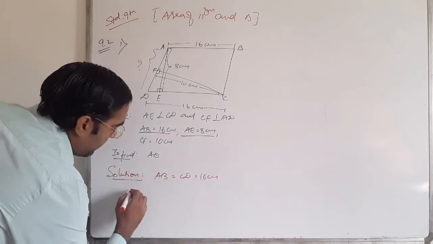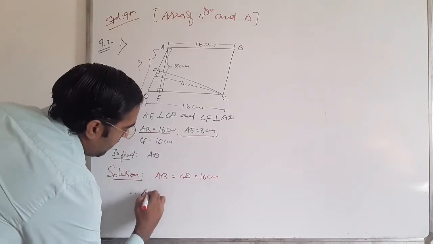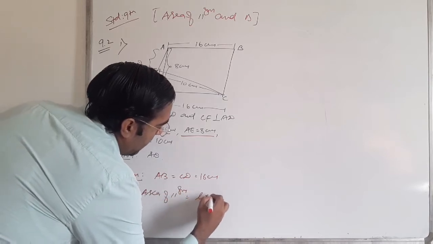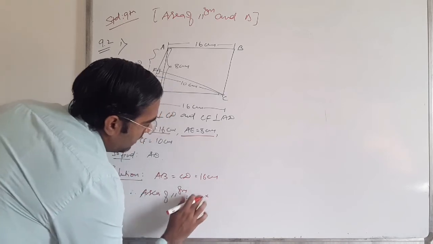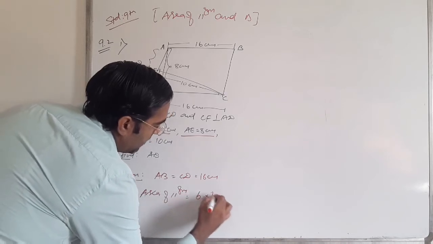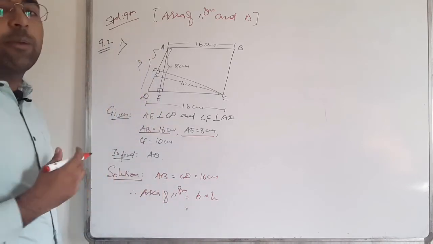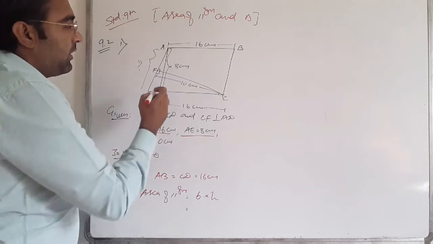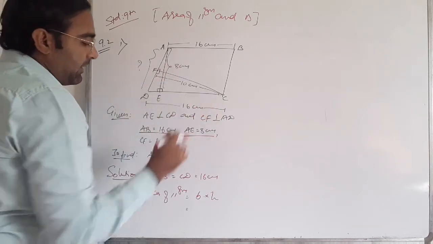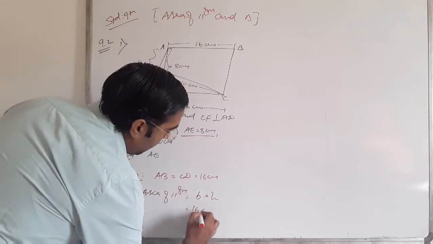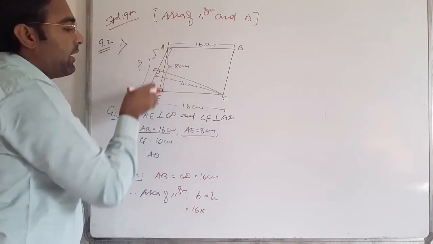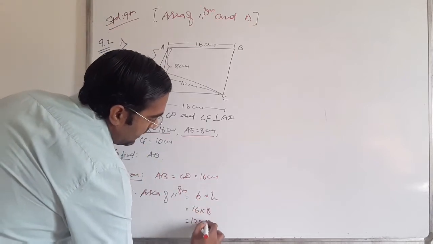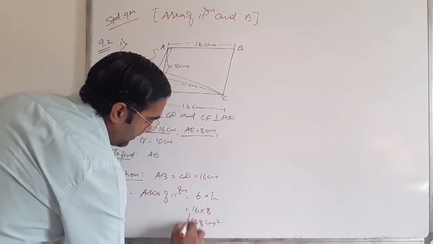Therefore area of parallelogram is equal to base into height. Base of the parallelogram we take as CD, so there is 16, and the height at that base is AE, 8. So that is 128 centimeter square.